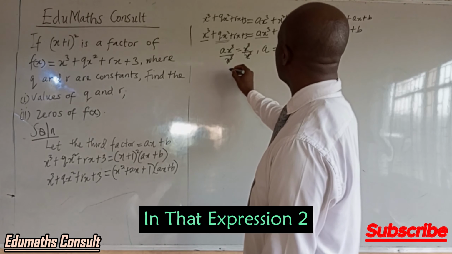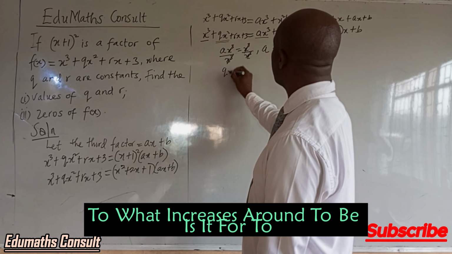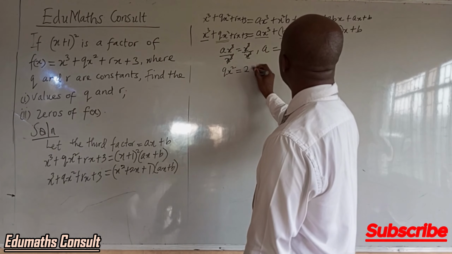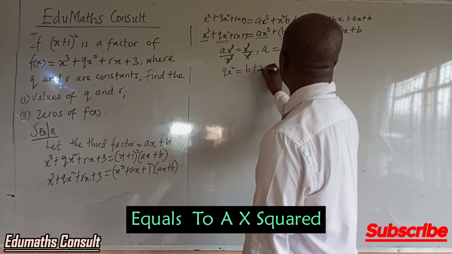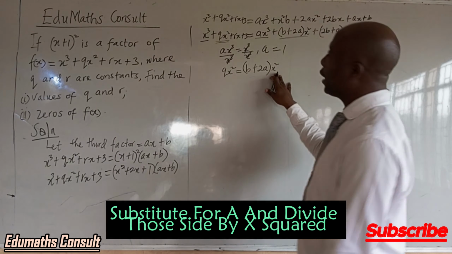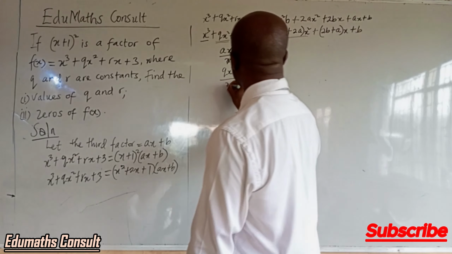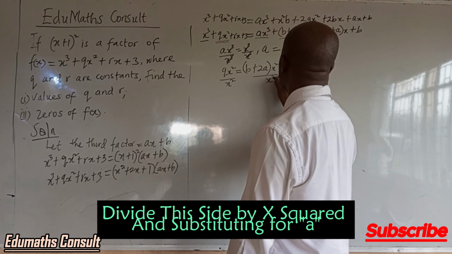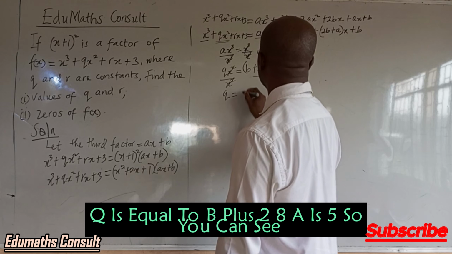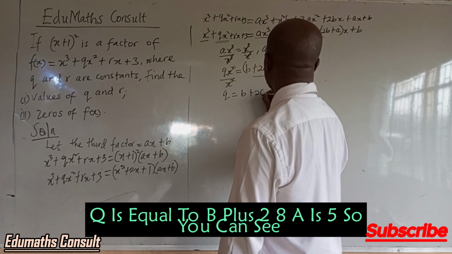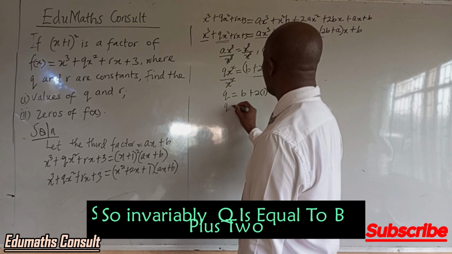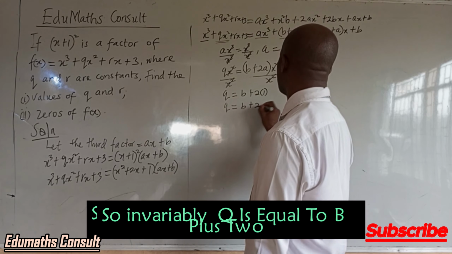So qx² is equal to (b + 2a)x². Divide both sides by x², and substituting for a, q is equal to b + 2 into 1. So invariably q is equal to b + 2.